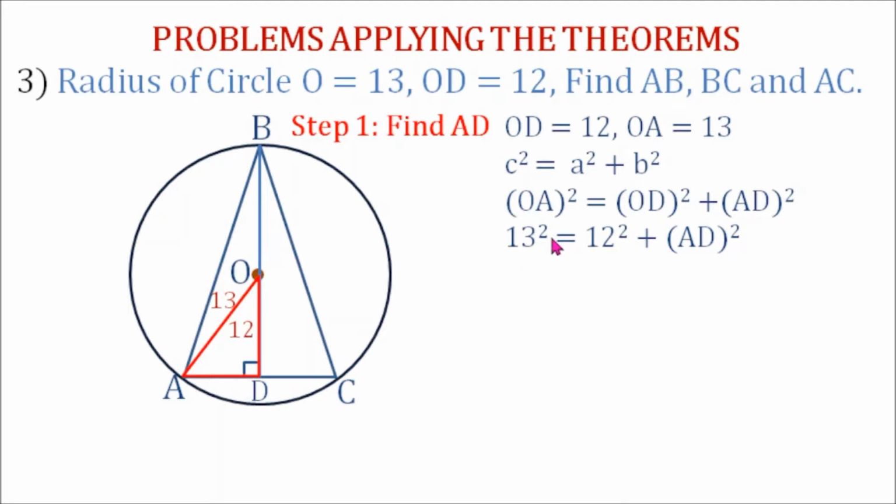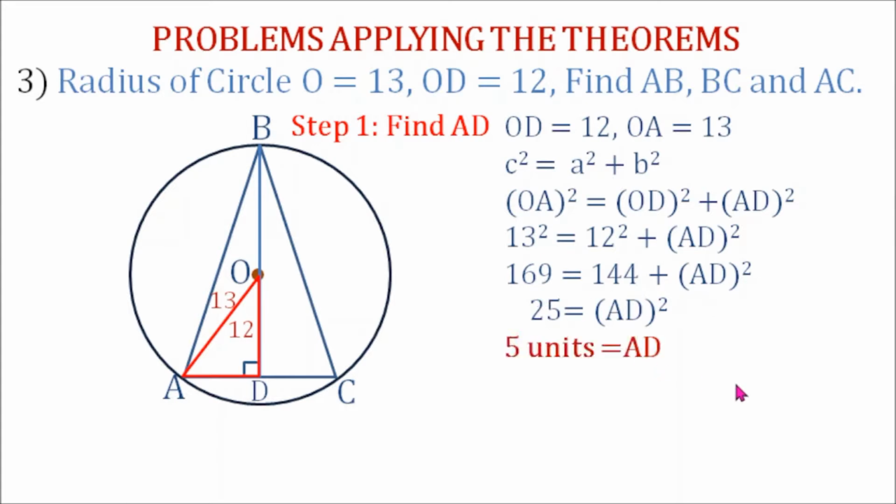13 squared is 169 and 12 squared is 144. So we have 169 equals 144 plus side AD squared. Now subtracting 144 from both sides, we have 25 equals side AD squared. To get rid of the squared here, we are going to find the square root of both sides, and the square root of 25 is 5.